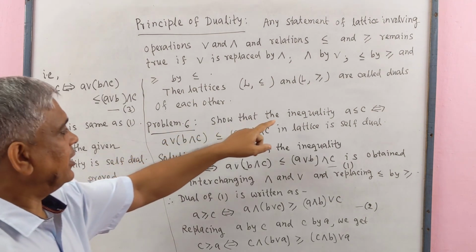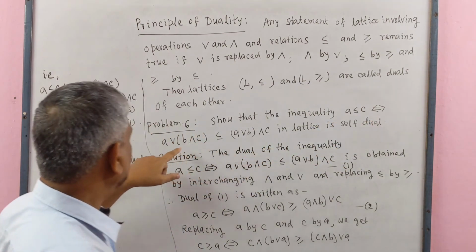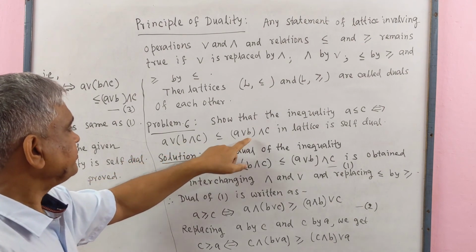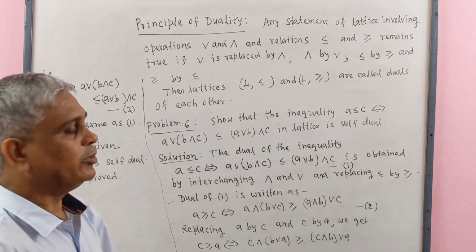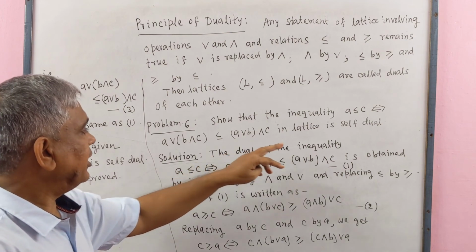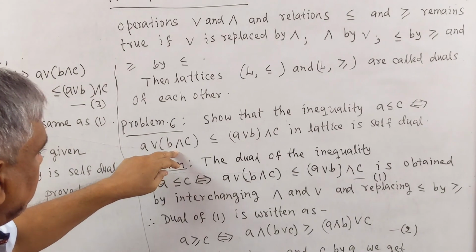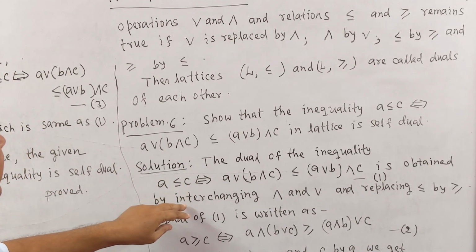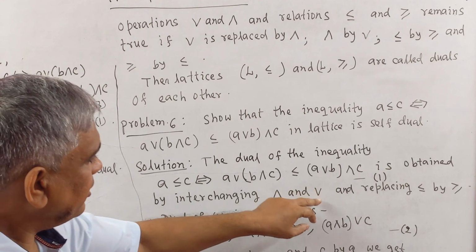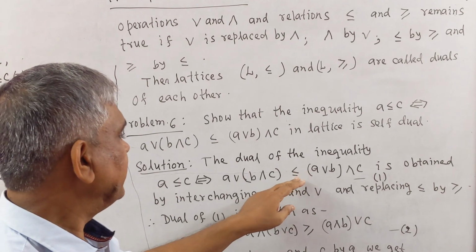Problem 6 is: show that the inequality A less than or equal to C if and only if A join (B meet C) is less than or equal to (A join B) meet C in a lattice is self-dual. Now we solve this. The dual of this inequality is obtained by interchanging meet and join and replacing less than or equal to by greater than or equal to.